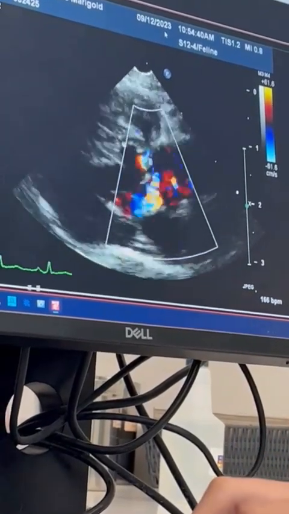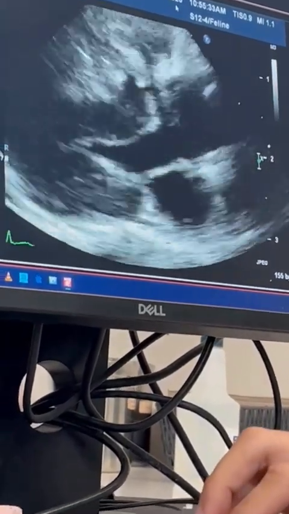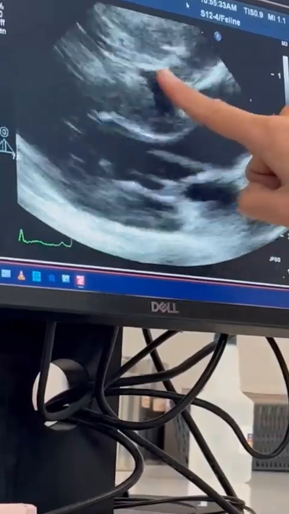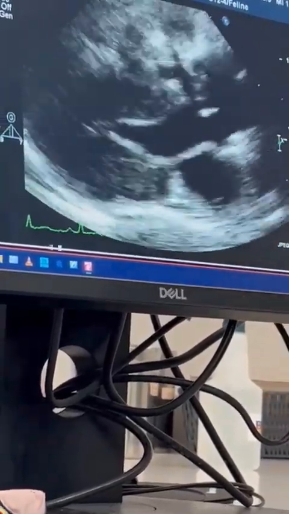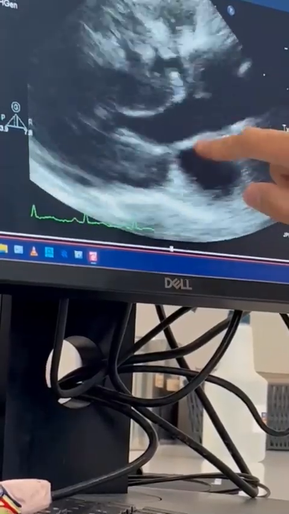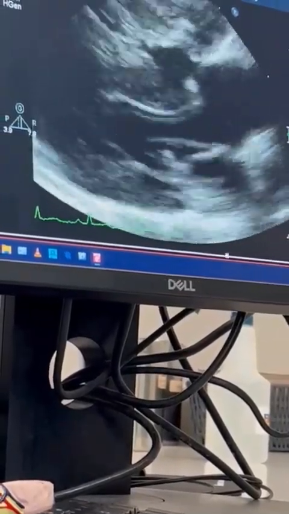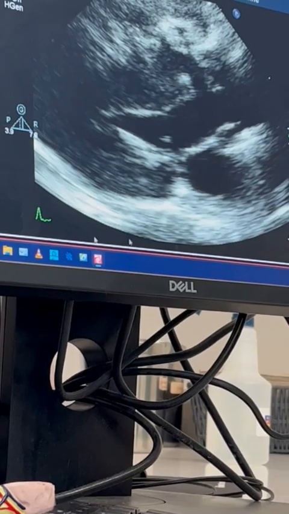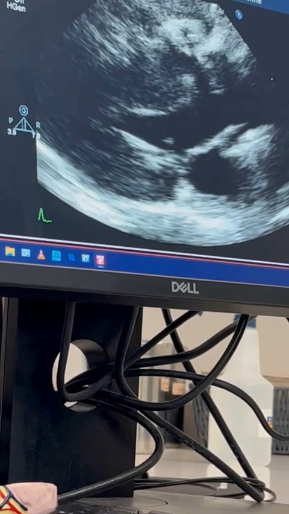When we remove the color Doppler, there is the defect here. I might pause so that I can show the still images.